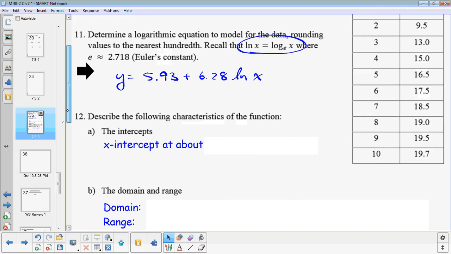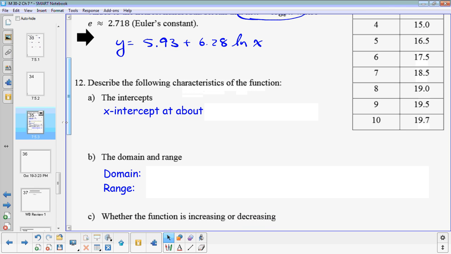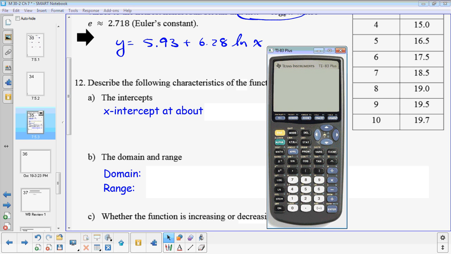So in number 12, we want to describe some characteristics of the function. So let's look at that graph again. There's my curve. To find the x-intercept, I guess I might need to change my window so I can see a negative y value here.